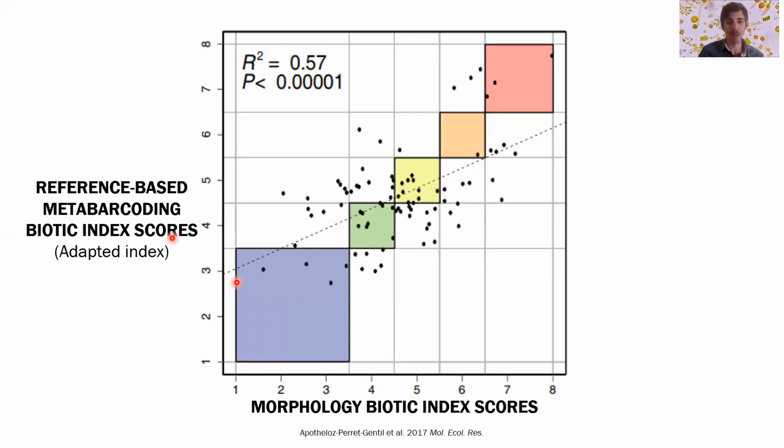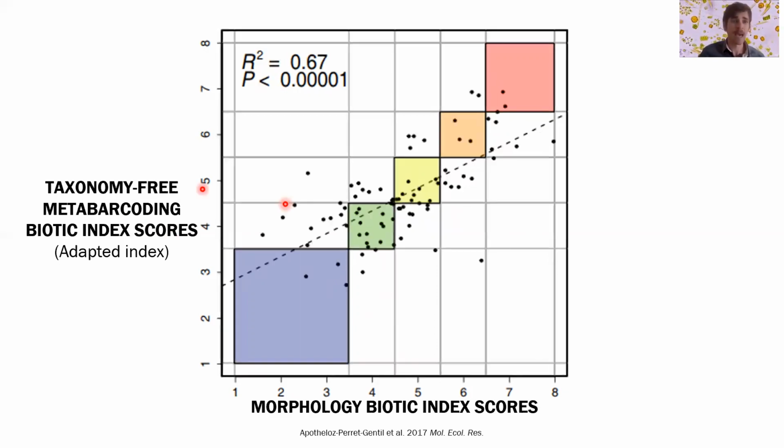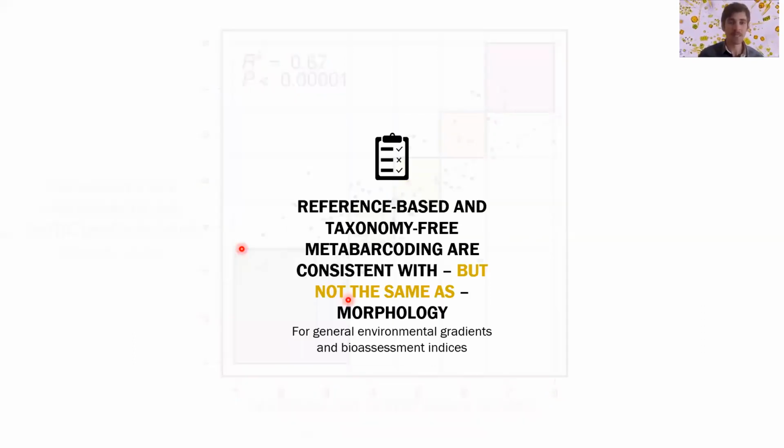Here, the morphology biotic index score is 2, whereas the metabarcoding one is 5. And they see the same sort of pattern with taxonomy-free metabarcoding assessments to morphology assessments, if not even a stronger relationship. So there's stuff that we need to tease out there, but generally reference-based and taxonomy-free metabarcoding seem to be consistent with morphology, but not the same as morphology.